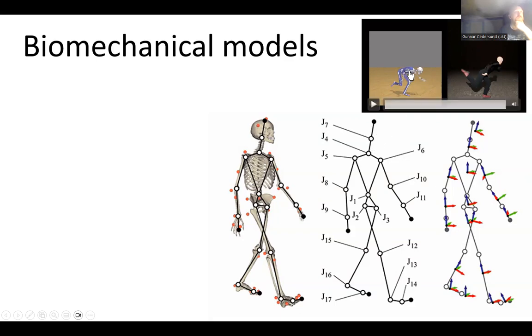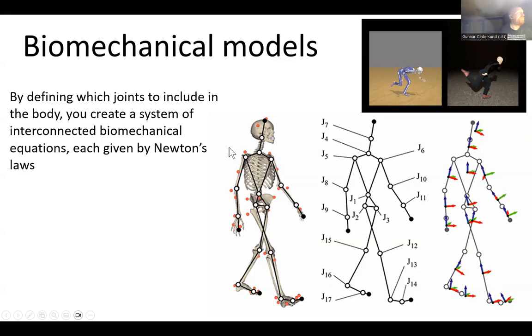So here you see the muscles, but the basis of this is just to define which joints you can actually turn, which degrees of flexibility you have. And then in each node here, you have a separate little system. So you define the joints, and then they are interconnected in this way.